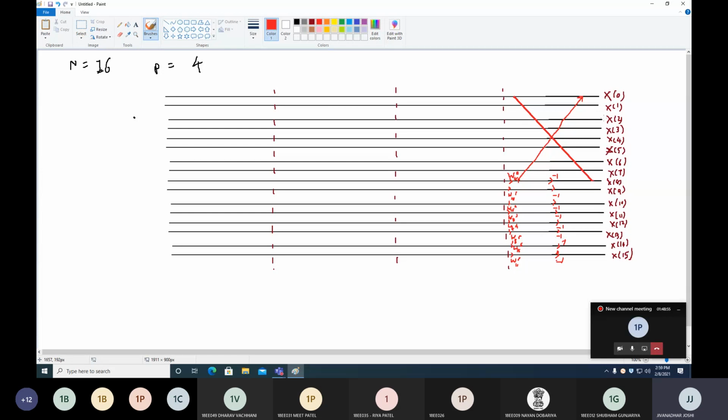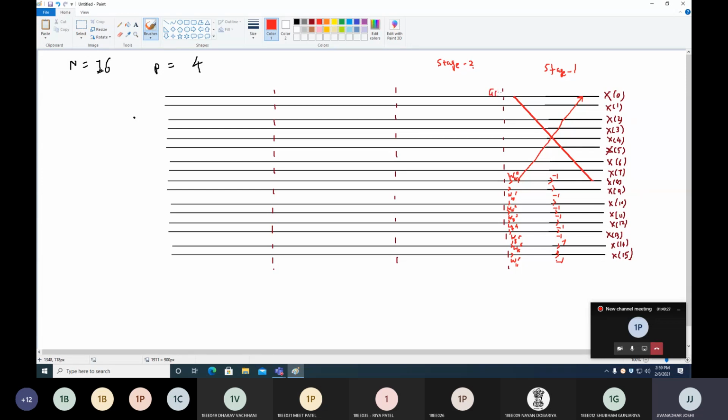Now let us draw the butterflies for second stage. This is stage 1. This is stage 2. બોલો શું કરું? ક્યાંથી ક્યાં આવશે? નામ આપી જ દેવા હોય તો આના આઉટપુટને શું લખાય? G અને H જ નામ આપું તો શું આવશે આ?